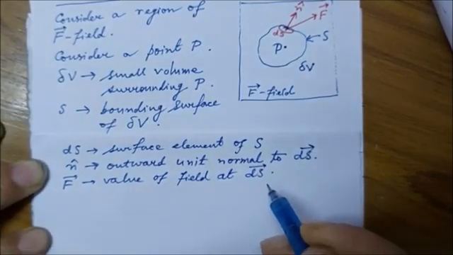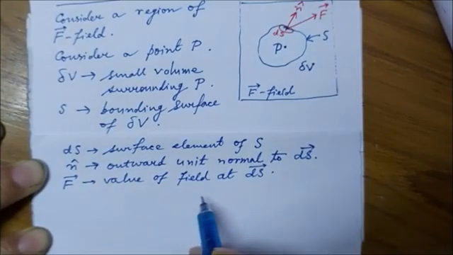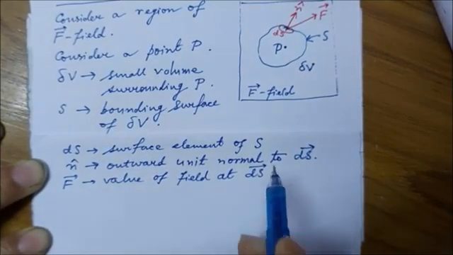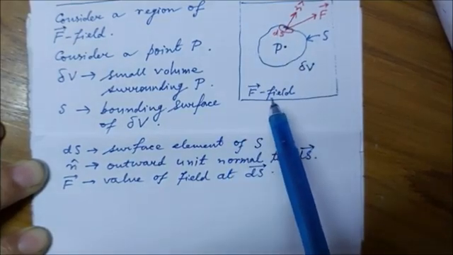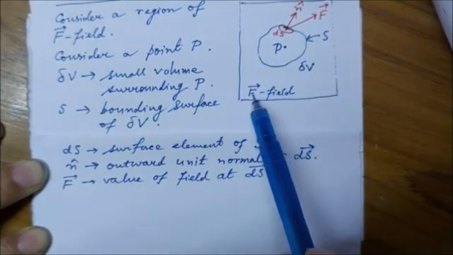So let me state once again what we have done, and then we will write down the definition of divergence of f. We have considered a region of space at each and every point of which vector f is defined.